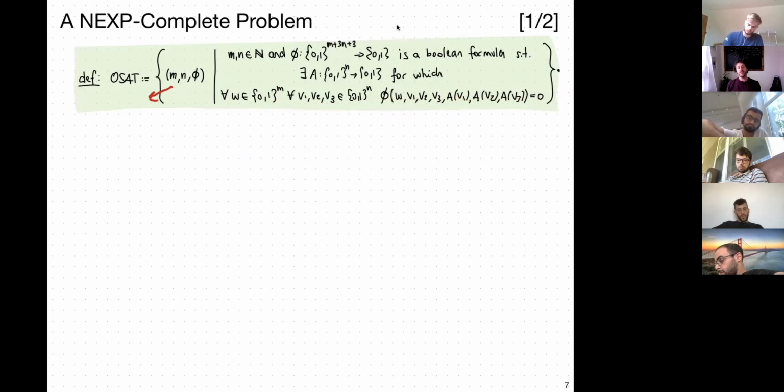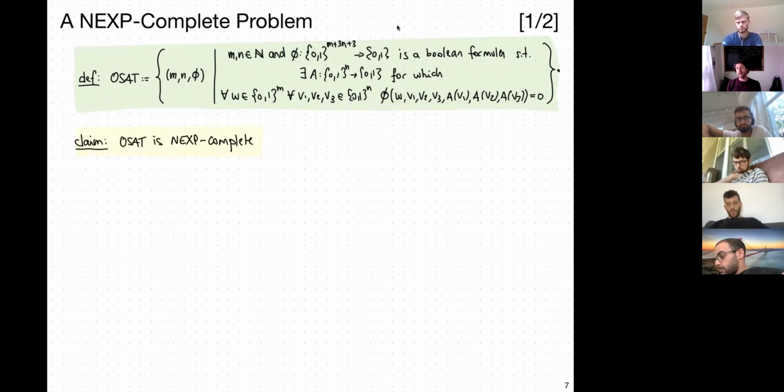In some sense, this is a cumbersome definition for a problem that we'll create. When we do the analysis of this problem, it will make sense. We're going to construct a concise representation of this thing. This is just to give you some intuition as to what this is. It's just a way of representing how to check the validity of a huge exponential sized formula. Now everything will get clear as I show you why this thing is NEXP-complete.